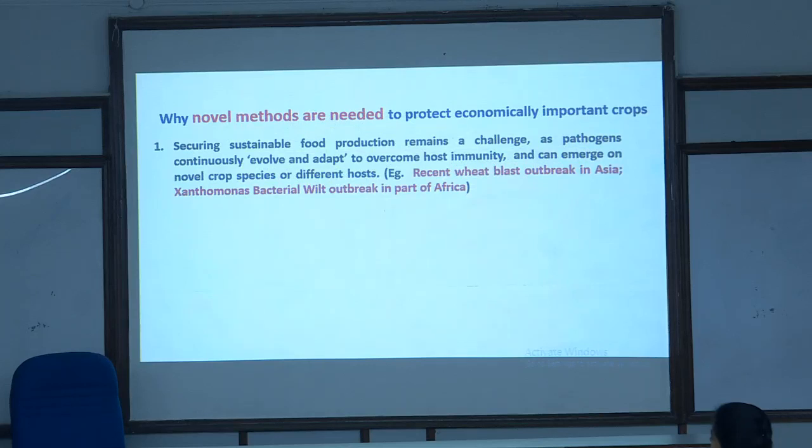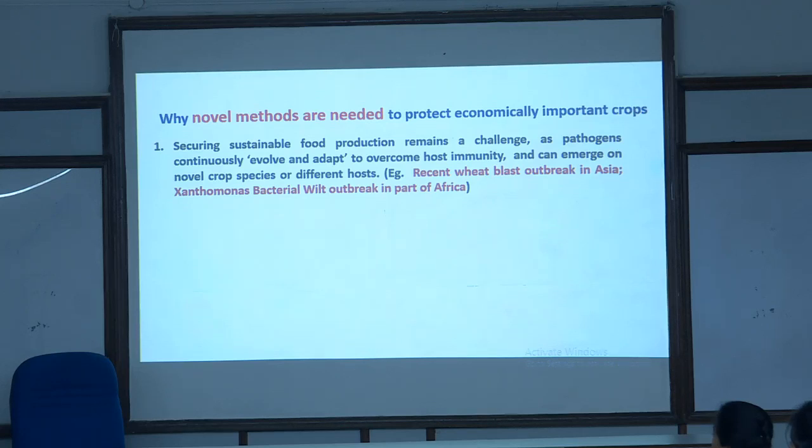Again, to justify why these novel methods are needed to protect economically important crops, this is very important. From the recent incidents, I would take two examples. One is in Africa: in a crop like banana, there was no record of Xanthomonas, right?